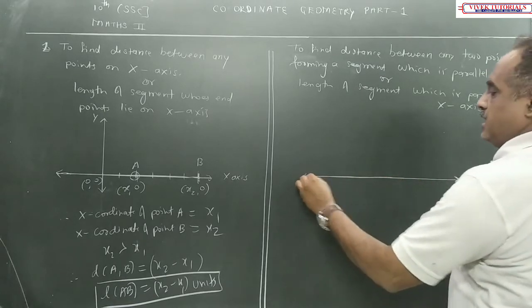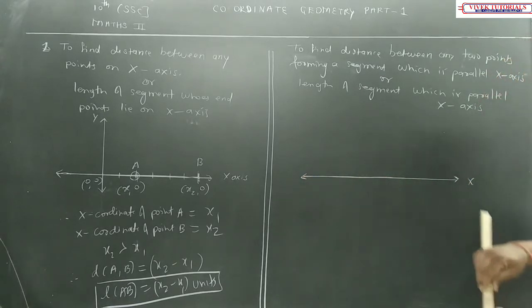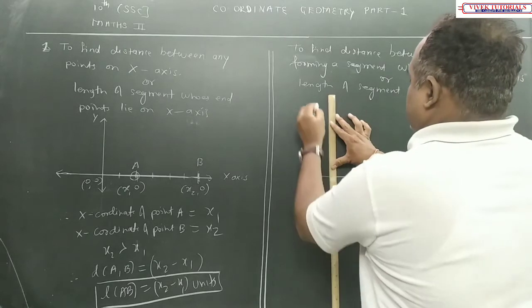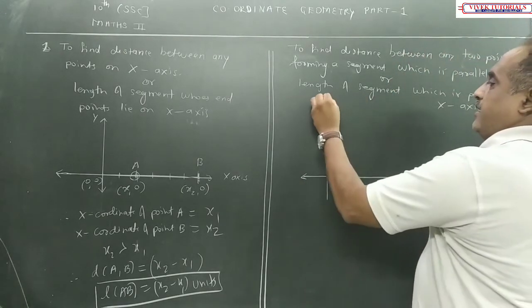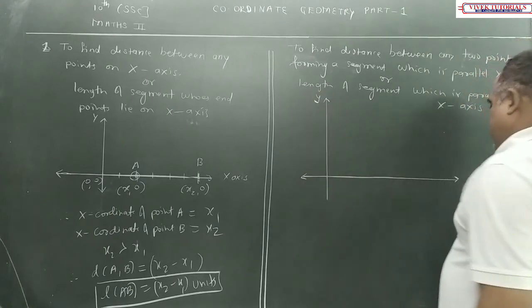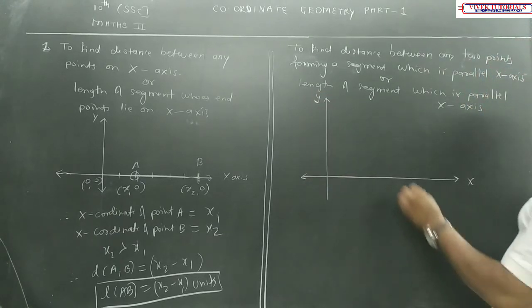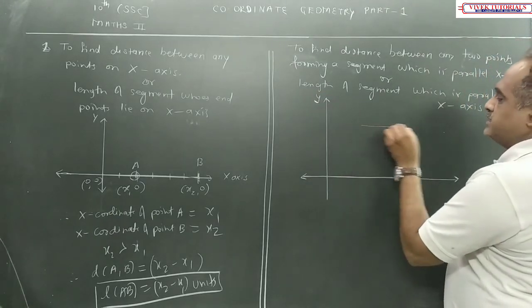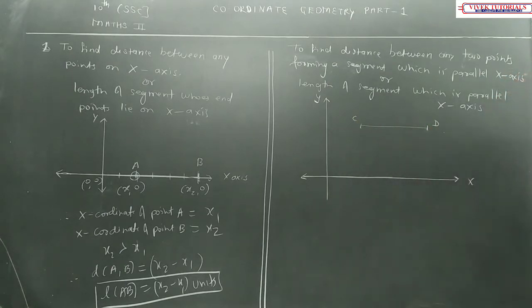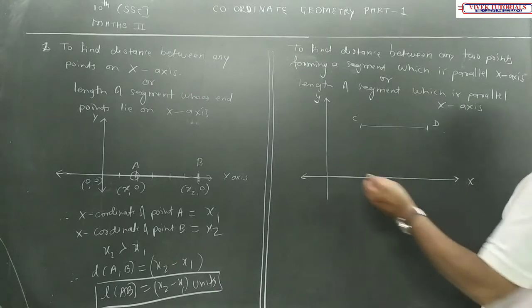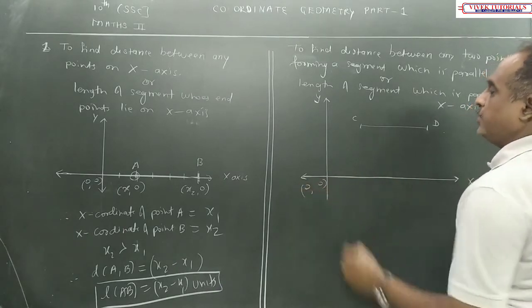this is the x-axis, this one is actually the y-axis. Okay, now this is a segment. Say I am going to consider CD, so it is 0, 0.